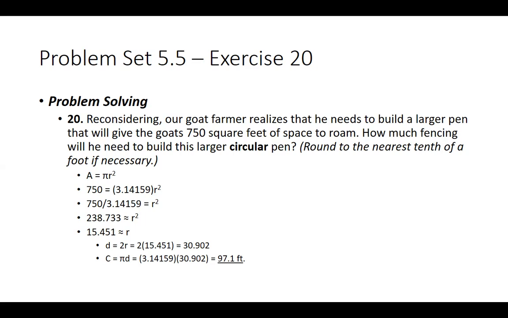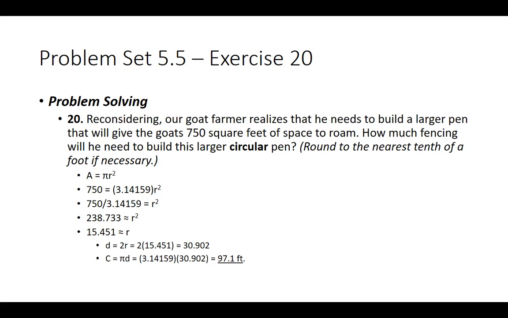That gives us 750 equals 3.14159 times r squared. To get r squared by itself, we need to divide both sides by 3.14159. 750 divided by 3.14159 gives us 238.733. That is our approximation for r squared.